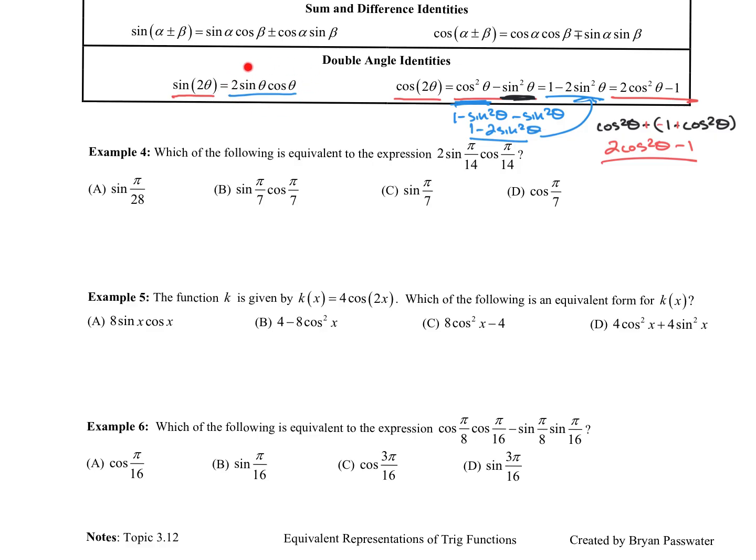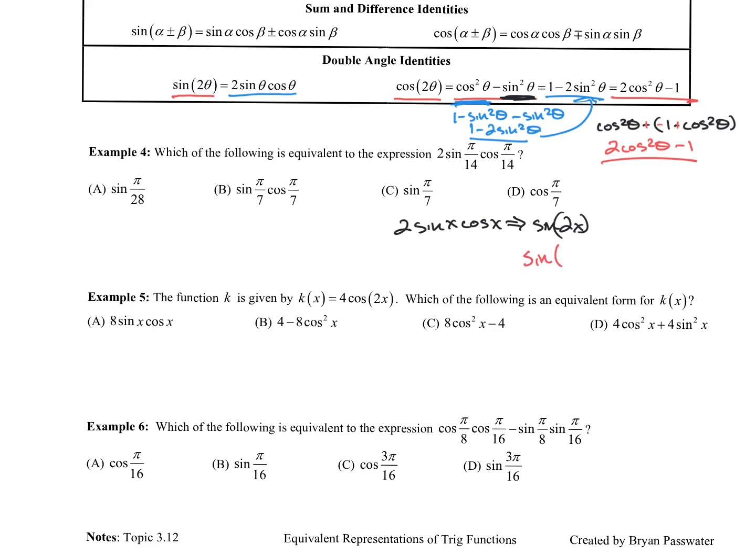And so this is going to be a what? So this is in the form of 2 sine x cosine x, yes? And that's the same thing as saying sine of 2x. Everybody follow that? And so what the heck is x? Pi over 14. And so then all I do is substitute in pi over 14.